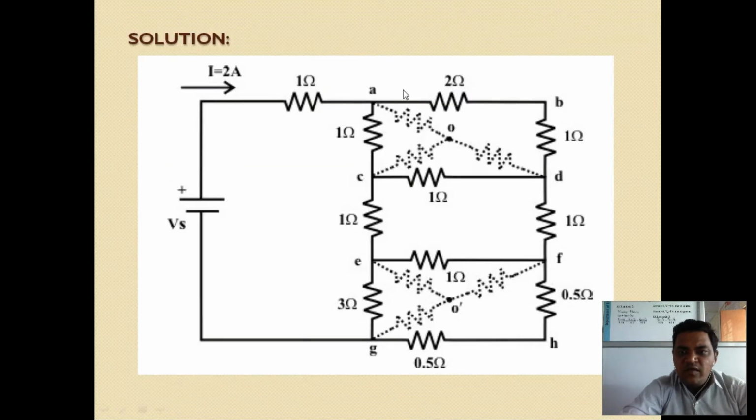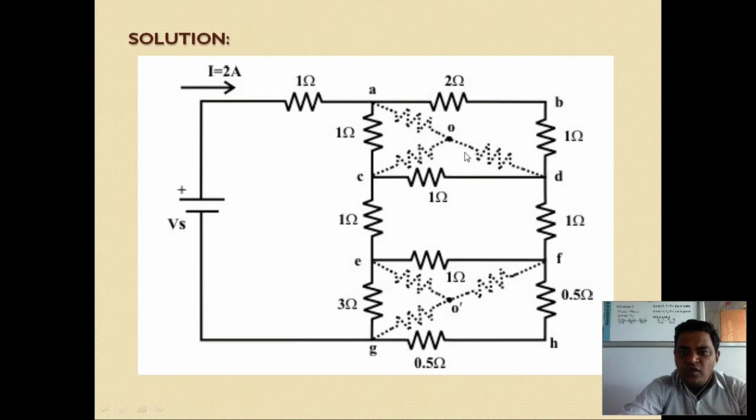The total resistance is 2 plus 1 is 3, plus 1 is 4, plus 1 is 5. In this way we calculated R of AO, which is equal to 3 into 1 upon 5.